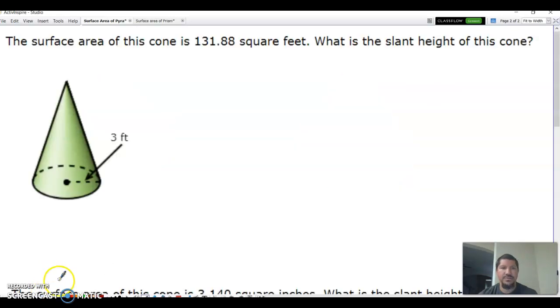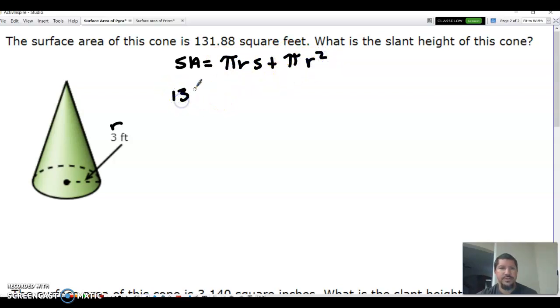Alright, as you get closer to the end, now it's going to give you the surface area and it's going to want you to find the slant height. So that's my R. So surface area is equal to pi R S plus pi R squared.